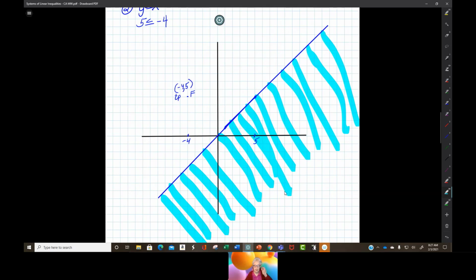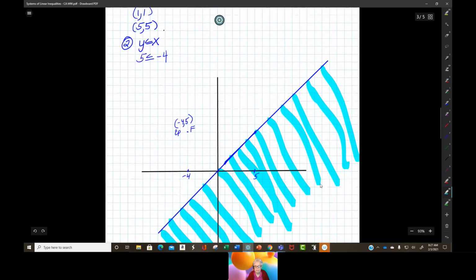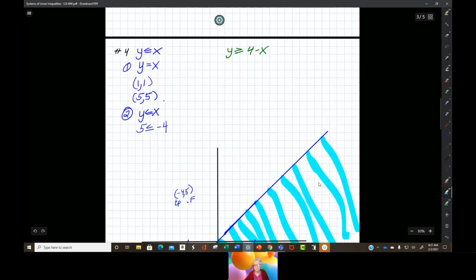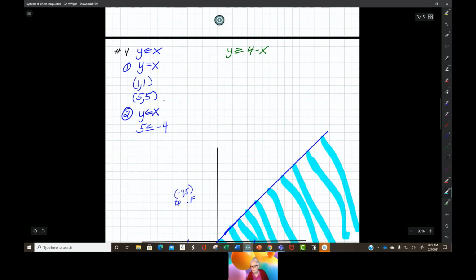Okay, now we come up here. Going to use the same methodology. This is y equals 4 minus x. I could choose 2 points for x.